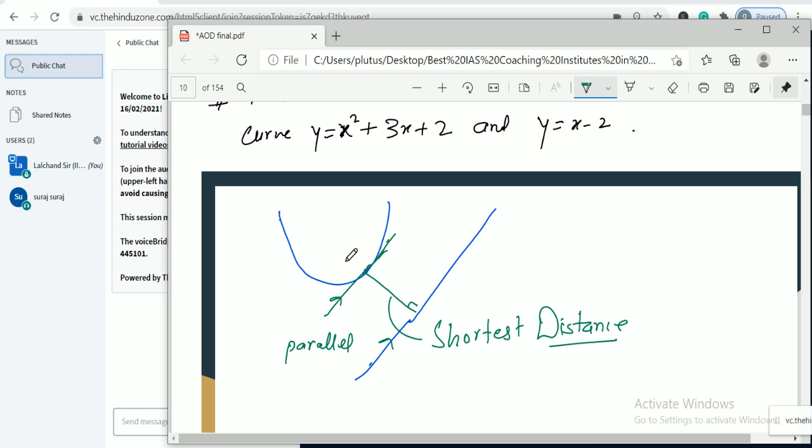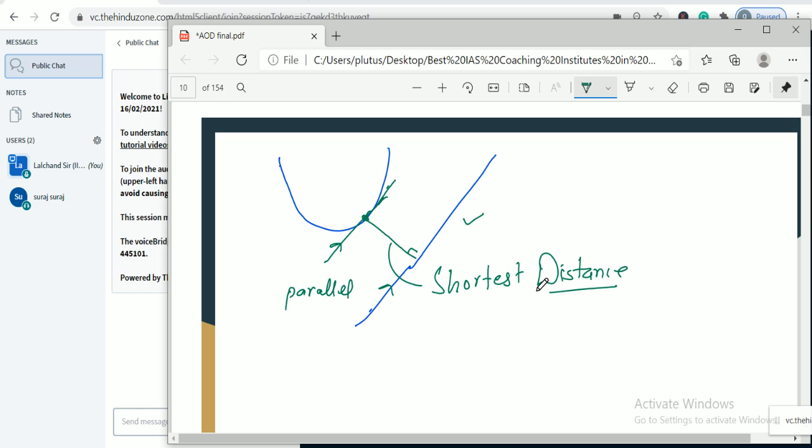So we need to find a point on this curve where the tangent is parallel to this line. Okay, so simply we need to find a point. If we have the point, then we can find the distance from the line, using the concept of shortest distance between a point and a line. Okay, so first we need to find this point.